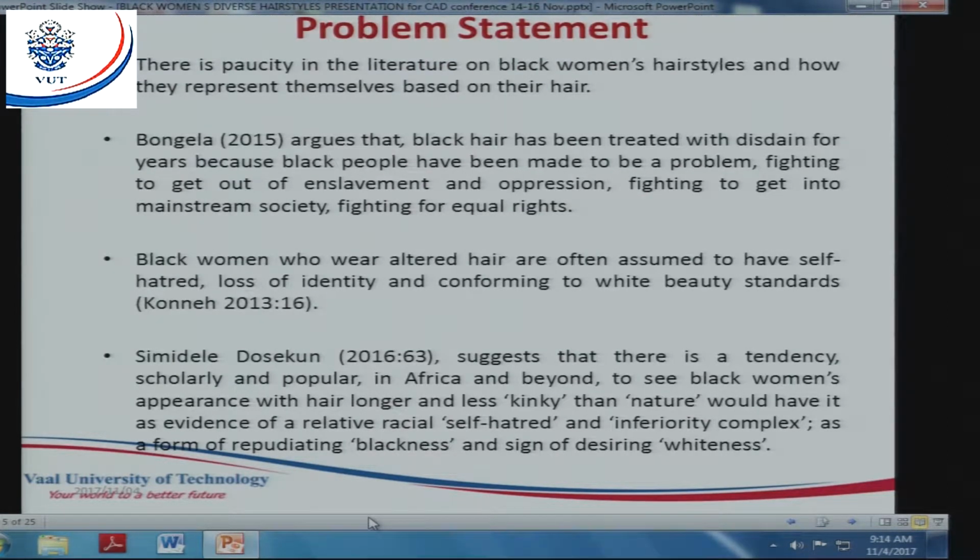Problem statement. There is a paucity in literature on black women's hairstyles and how they represent themselves based on their hair. Bangela argues that black hair has been treated with disdain for years because black people have been made to be a problem, fighting to get out of enslavement and oppression, fighting to get into mainstream society, and fighting for equal rights.